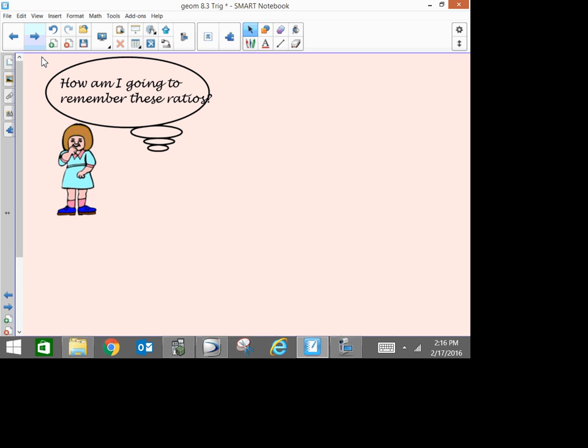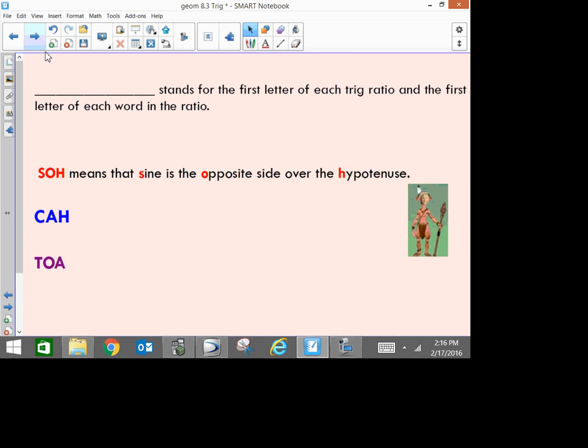All right, how are we going to remember these ratios? We have something called SOHCAHTOA. I did not make that up.